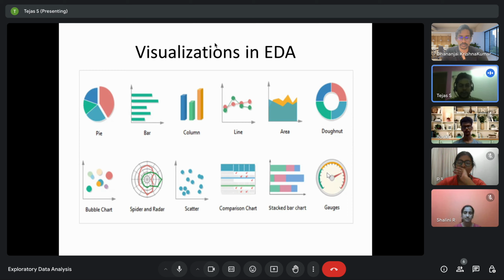So for comparison purposes, we can use bar chart, column chart. To analyze the trends, we can use the line chart, area chart, and for any location related data, we can use the maps, etc.